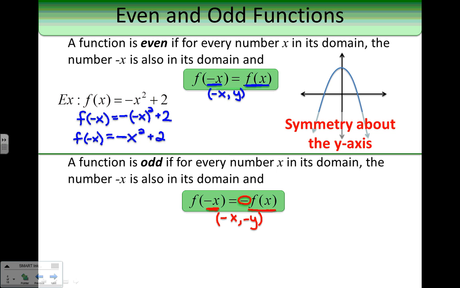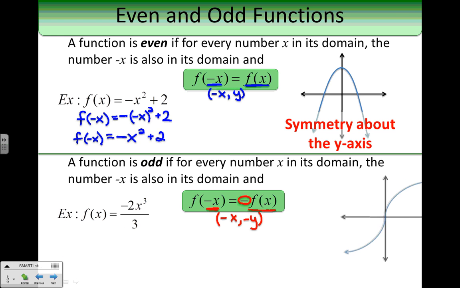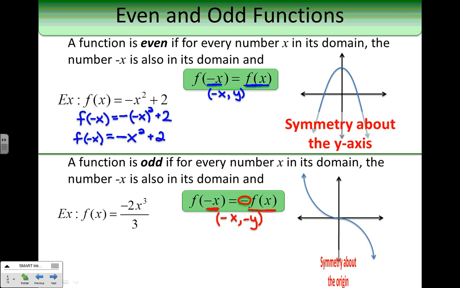That looks familiar. That piece of symmetry is symmetrical with respect to the origin. So when we have the original function, we plug in negative x and get negative y out, the opposite of our original output, then we know that it is symmetrical about the origin, and that is considered an odd function.